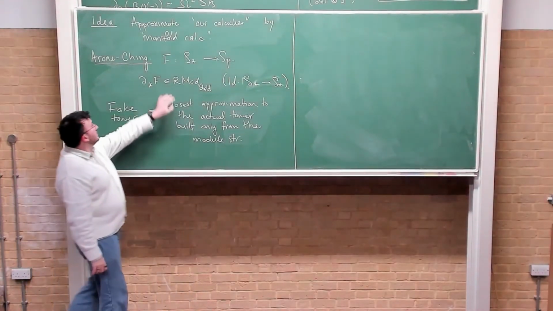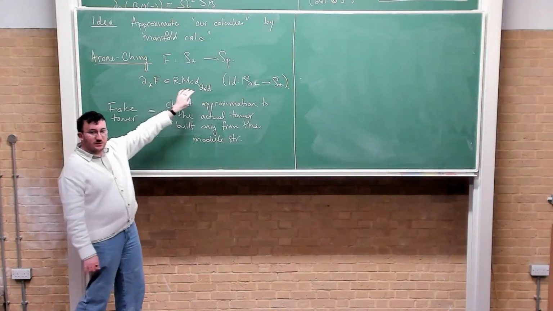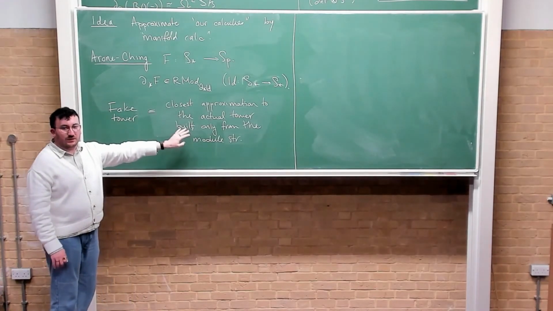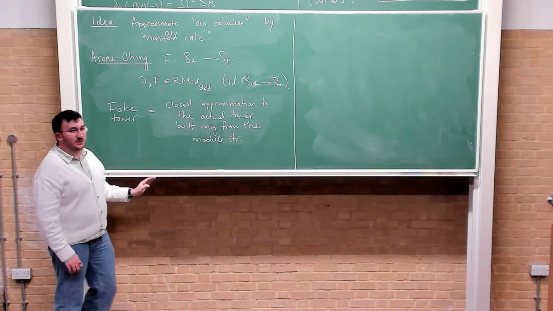So they build it just using the fact that the derivatives of the functor are a right module, and they show that it's the closest thing that you could build to the actual tower just using that structure.